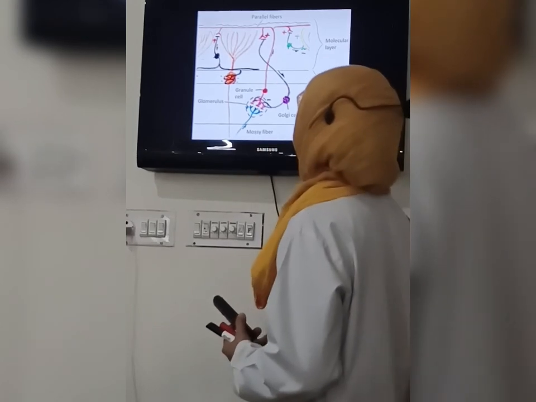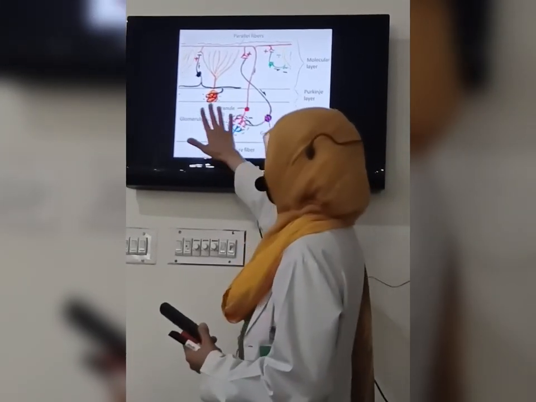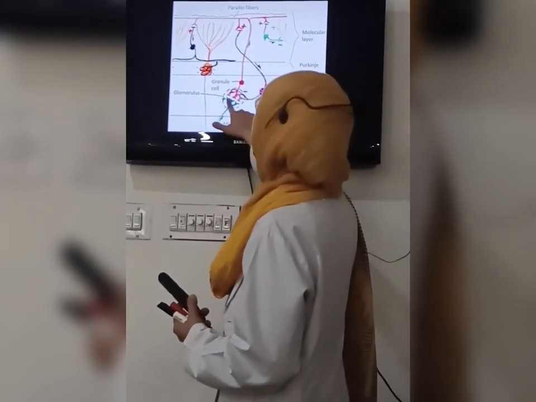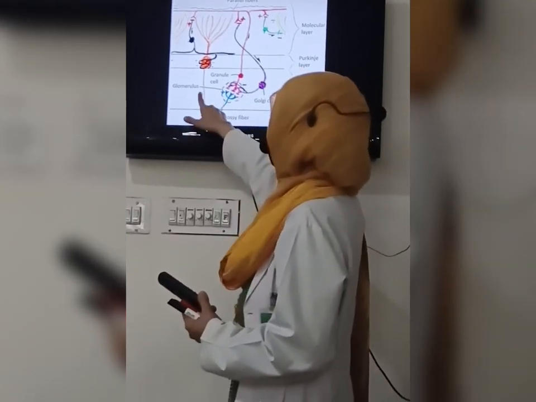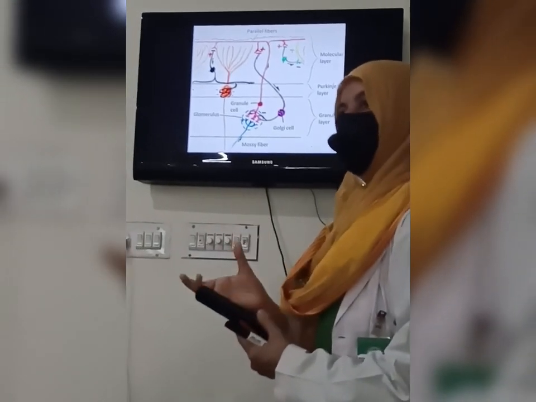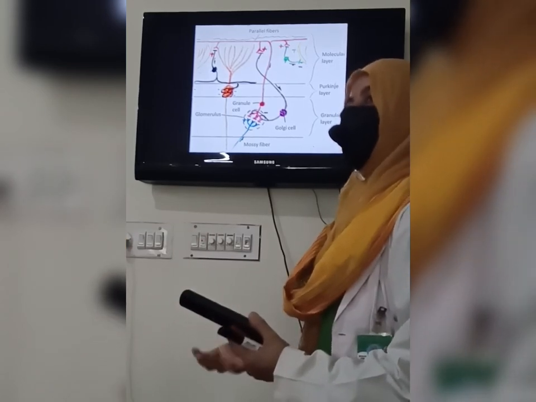There is another striking thing: though this layer is well laden with, or filled with, densely packed granule cells, in between they have some unstained irregular areas called glomeruli or islands of cerebellum. Just as you see islands, where you have a dry land area and intervening you get the water.